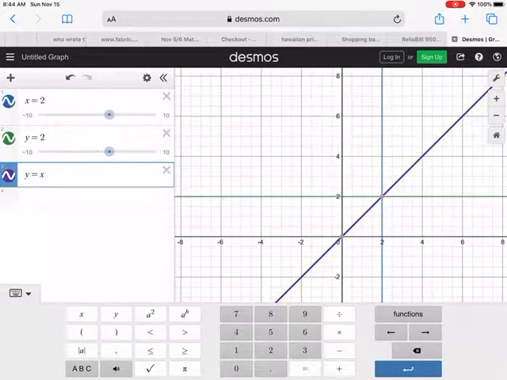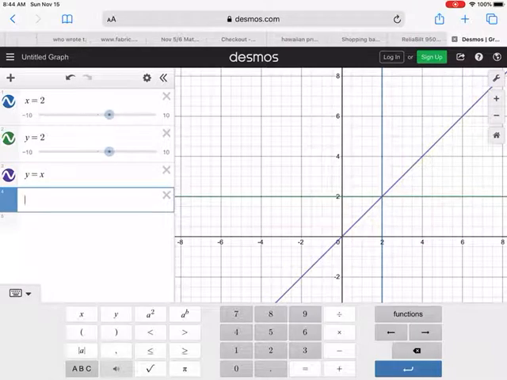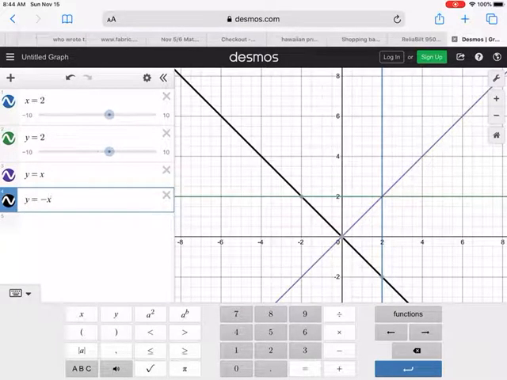And then maybe another one would be the reflection, the mirror image of that, y equals negative x. Same deal, just a reverse slope.